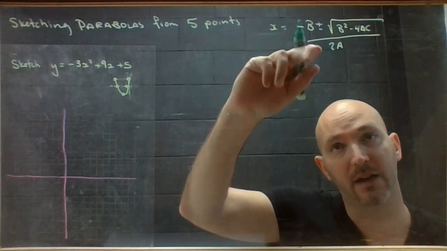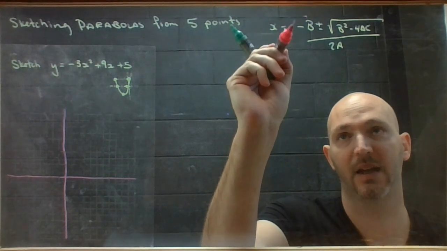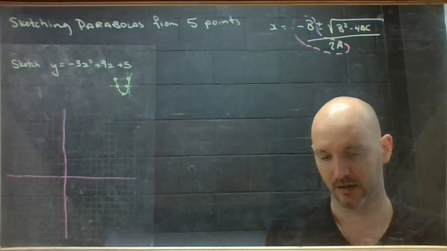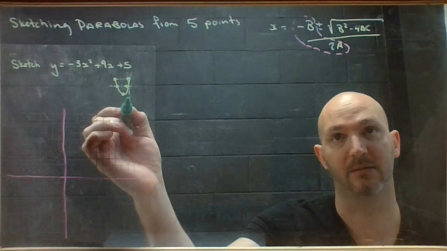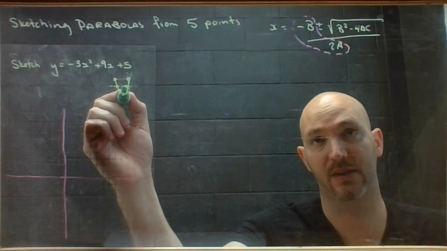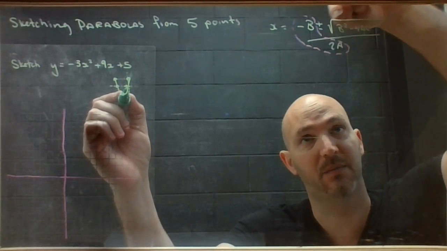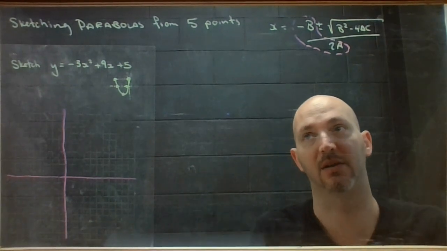If you recognize this front part here, this negative b over 2a, that thing gives you the x-coordinate of the vertex. Because when you're trying to solve for x-intercepts, you need to get to the center of the thing, and then you need to step up a little bit and down that same amount in order to get to those x-intercepts.